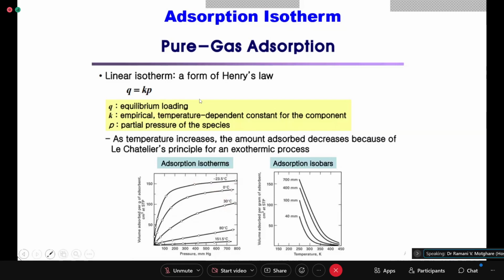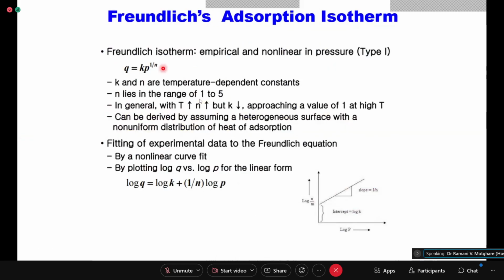Okay. So, Freundlich adsorption isotherm. Now Freundlich, I think it was in 1905. The Freundlich adsorption isotherm was put forth, and it was totally based on intuitional logic without any theoretical backing.